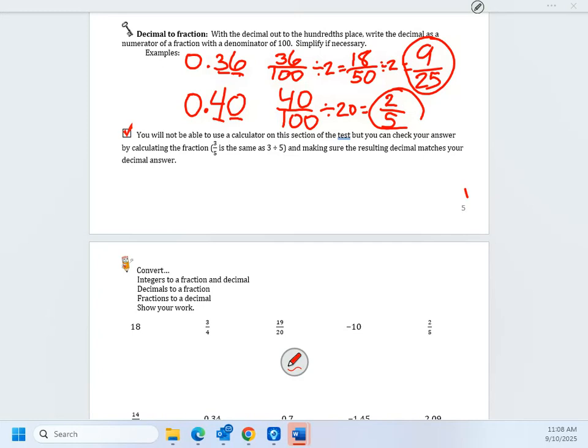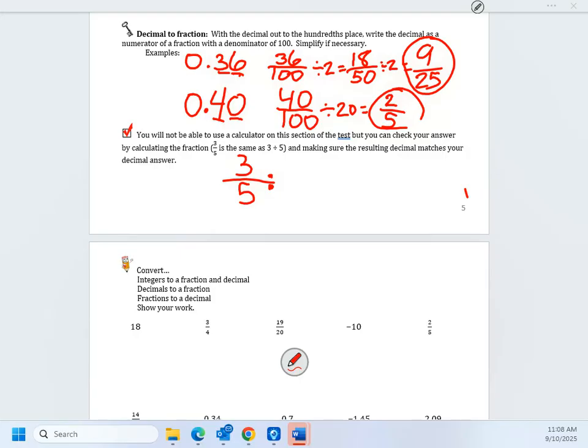All right, you will not be able to use a calculator on this section of the test, but you can check your answer on your homework. Did I do it right? By calculating the fraction 3/5, that fraction bar is the operation of dividing.